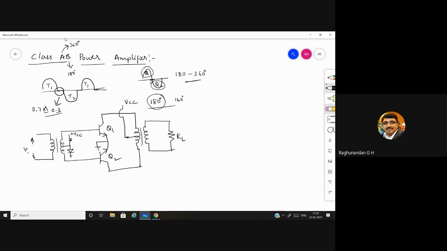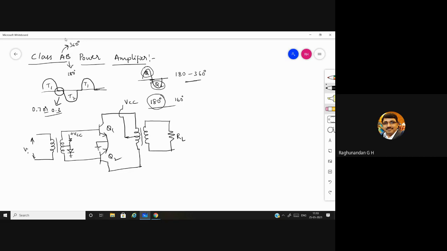But it will not go for 360 degrees. Each transistor's output will not go for 360 degrees. So it will be between 180 degrees and 360 degrees based upon the operating point selected.